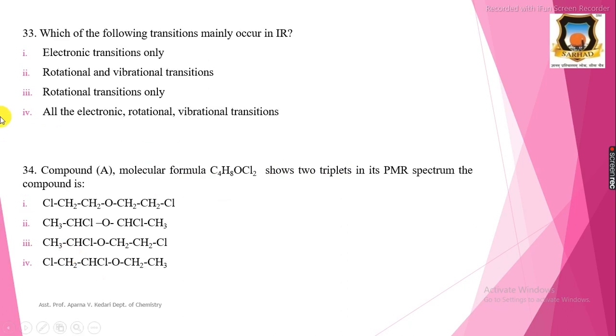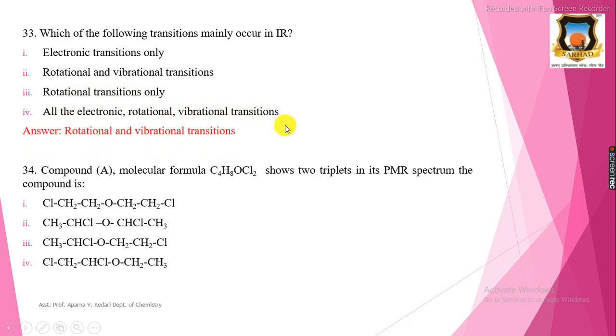Then the next question is, which of the following transitions mainly occur in IR? Electronic transition only, rotational and vibrational transition, rotational and translational transitions only, and all electronic, rotational and vibrational transitions.